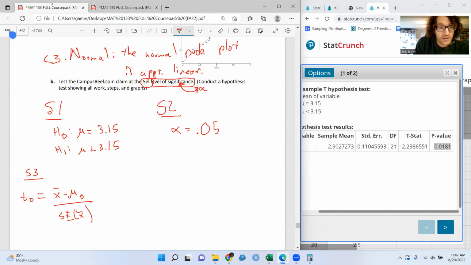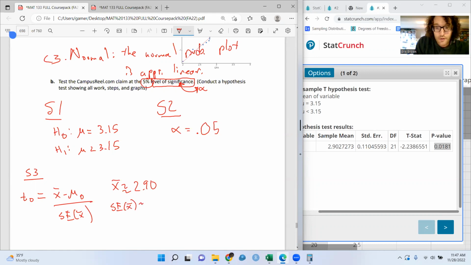And then if you want to do the substitution, you can write down your x bar, 2.90, and your standard error of x bar, which is 0.11. And I feel like that's it. And then the number.